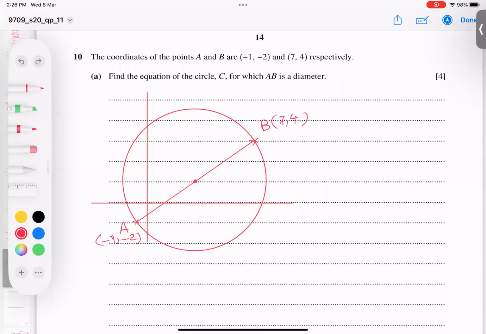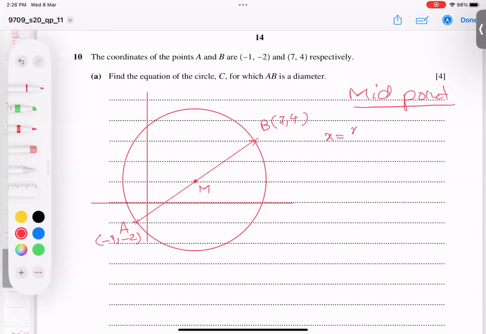Let's say I give this name M as the midpoint, because he mentioned circle C. Now, how to find the equation of the circle? It's easy because of the radius. First of all, I find the midpoint, which is very clear.